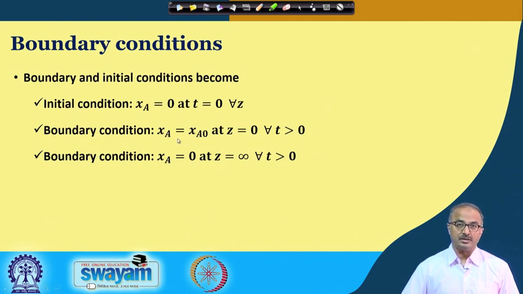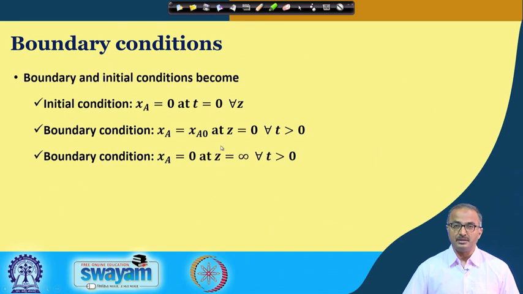And for the boundary conditions, we say that at the interface, that is at z equal to 0, we have xa equal to xa naught, some specified value, and for all t more than 0. And then another condition we take that at z equal to infinity, that is much away from the interface, the amount of A is taken to be 0, that means nothing is present.